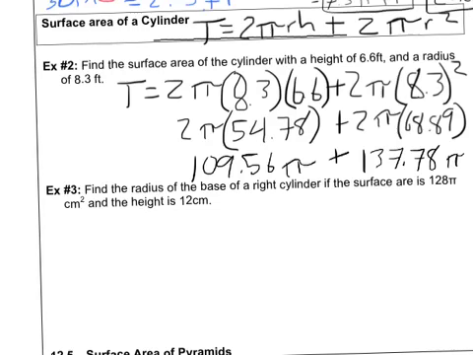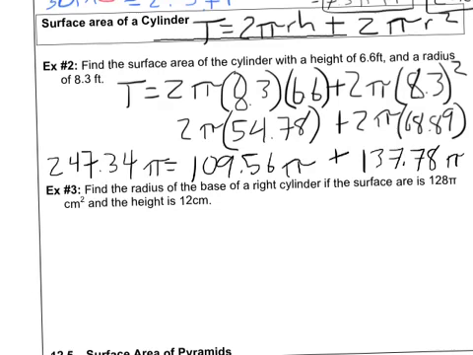And now we actually could add those two together, 109.56 plus 137.78, because they are like terms. And this would equal 247.34 pi. And that could be your final answer, as long as you put feet squared.